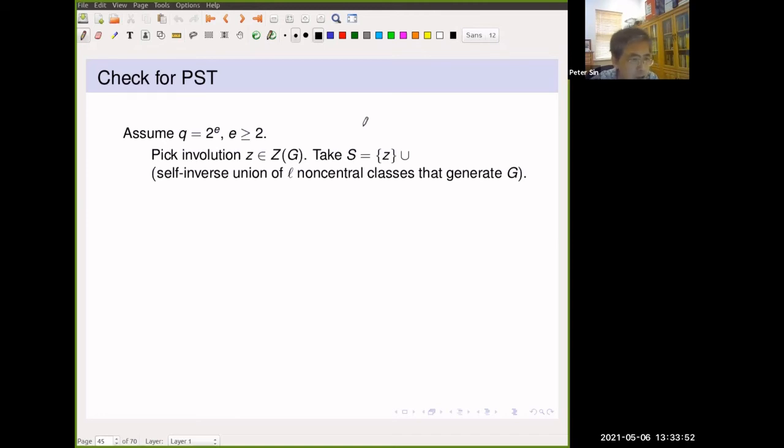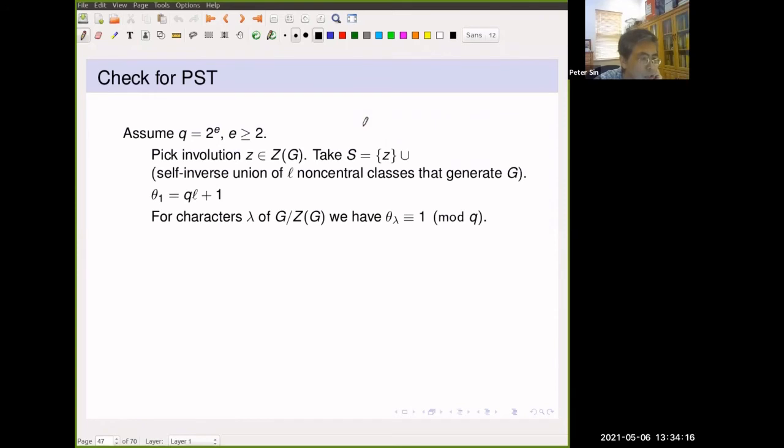Other than that, arbitrarily choose those conjugacy classes. Then theta 1, the number of elements in the set S, will be QL plus 1: 1 for the Z and Q for each of the L non-central conjugacy classes.